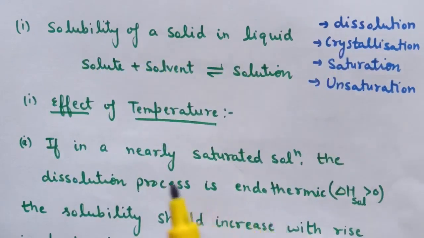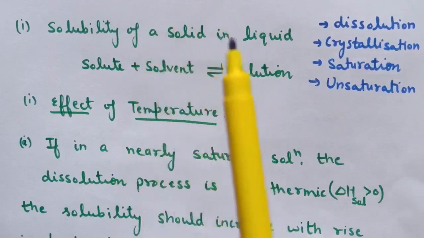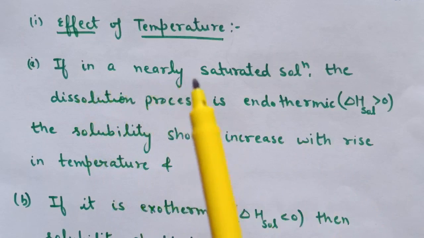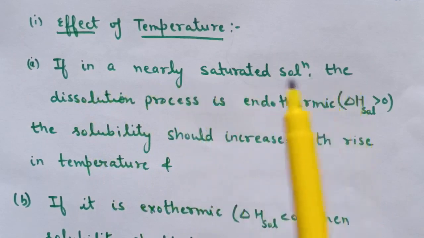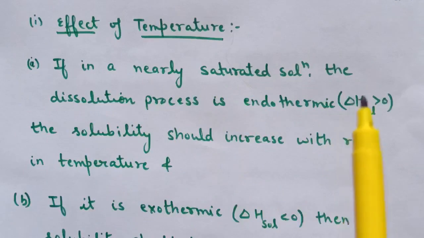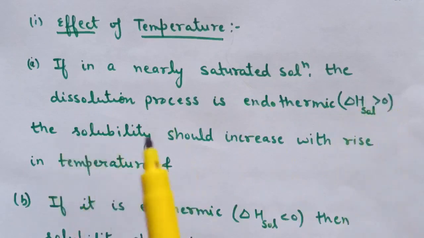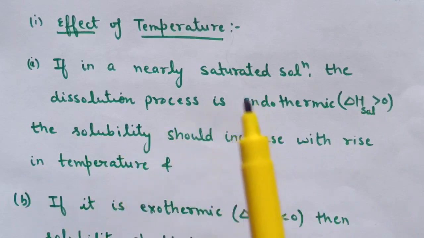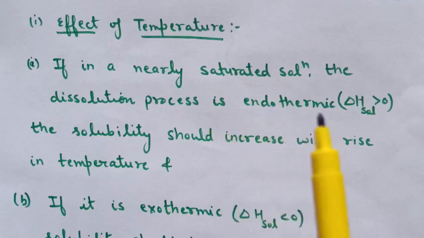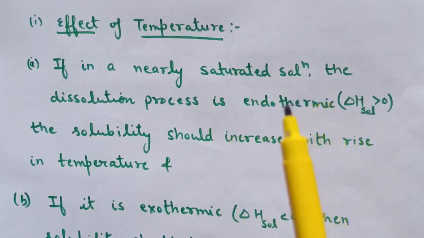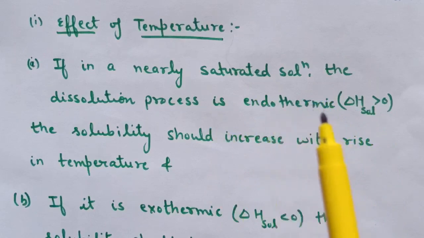Now next is, what is the effect of temperature on the solubility of solid in liquid? First case is, if in a nearly saturated solution the dissolution process is endothermic, that is delta H of solution is greater than 0, then the solubility should increase with rise in temperature, because according to Le Chatelier's principle, if a reaction is endothermic in forward direction, then increasing the temperature will also favor the endothermic reaction.